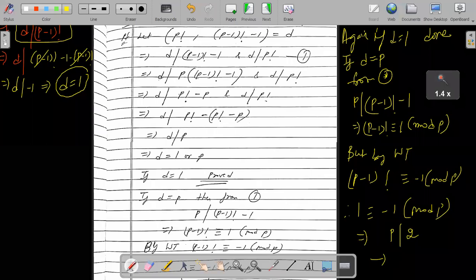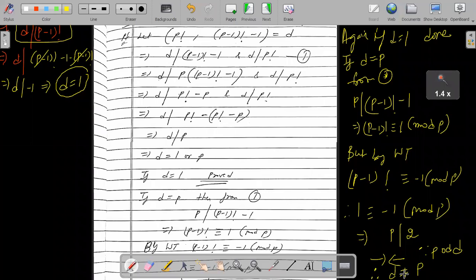But this is contradiction because P is odd prime. और odd number कभी 2 को divide ही नहीं करता. बेटा is it clear? Yes ma'am. So therefore D जो है वो P के equal हो ही नहीं सकता. So D is only equal to 1. Is it fine?